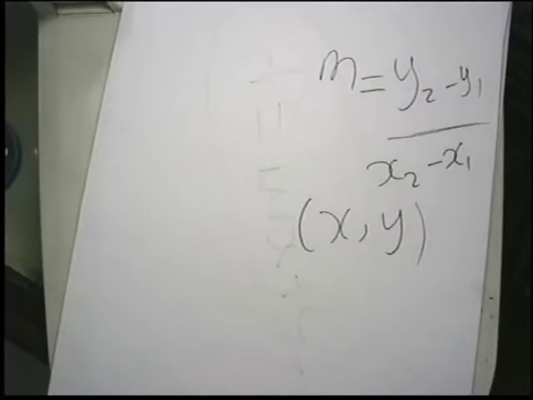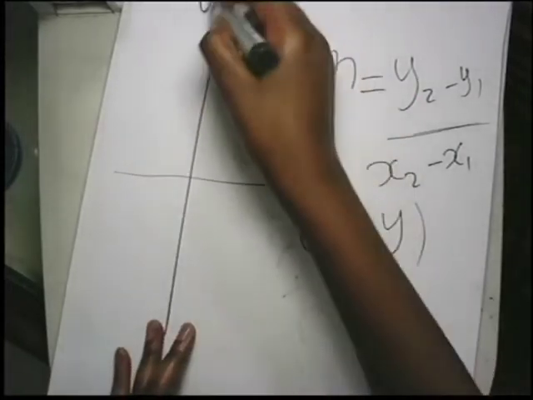Okay, let's look at this example here. It says find the gradient and the y-intercept of a straight line passing through the points (2, 3) and (-3, 4). It means there was a straight line that was drawn. Remember, this is your y-axis and this is your x-axis.